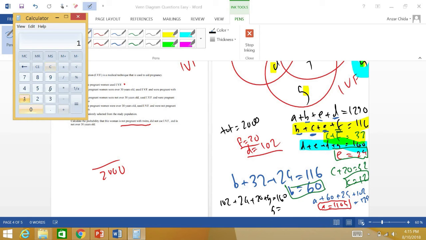Usually you don't have to, but in this case we did have to. 160 minus 20 minus 24 minus 102. Did it wrong. Start again. 160 minus 102 minus 24 minus 20, and that equals 14.